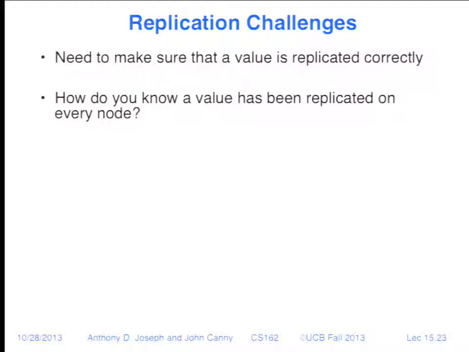All right, so there are some specific replication challenges that we should talk about right now. We want to make sure that when we replicate, we get a valid copy on each node. When data is pushed to a node, for the server to know that it's actually being received and saved, there's an acknowledgement.